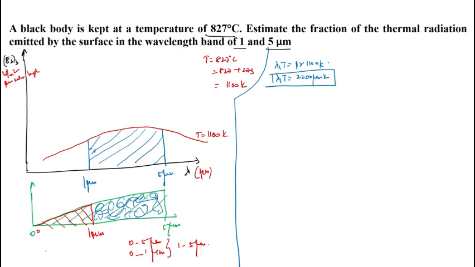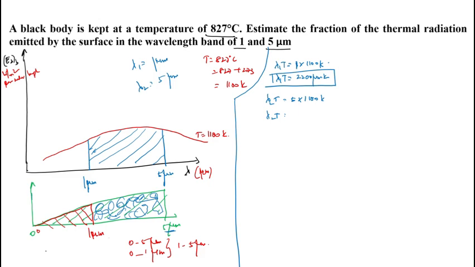Then lambda 2 into T, where lambda 2 is equal to 5 micrometer. So 5 into the temperature 1100 Kelvin.